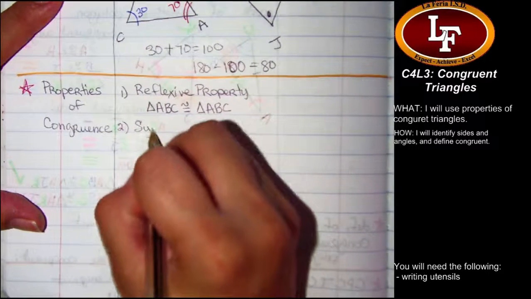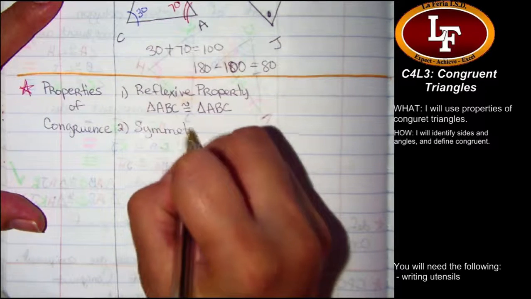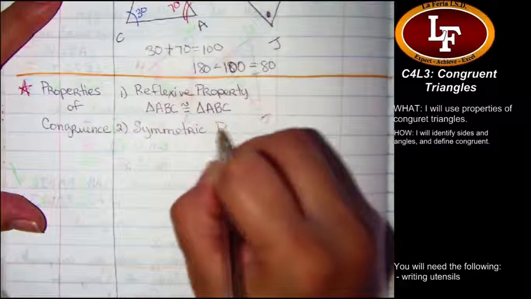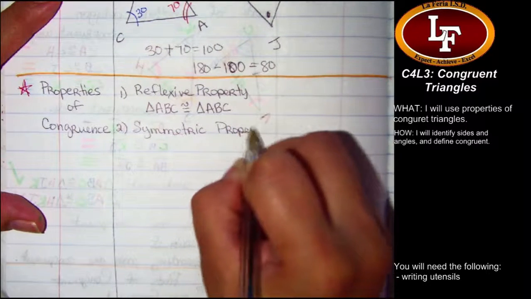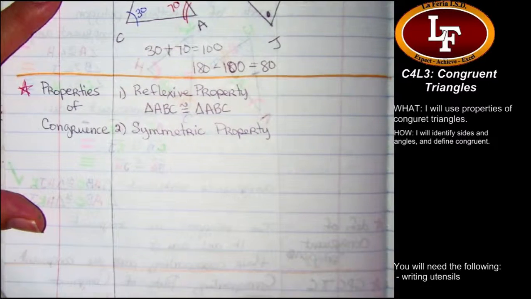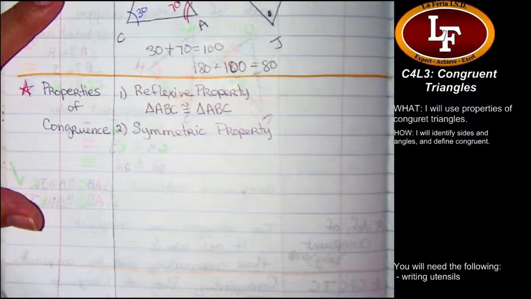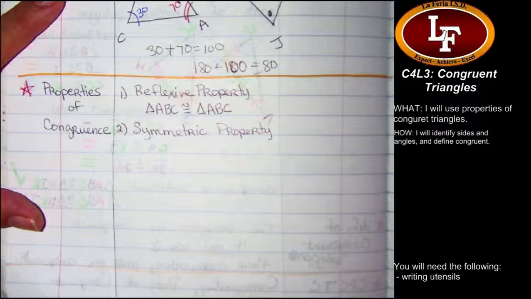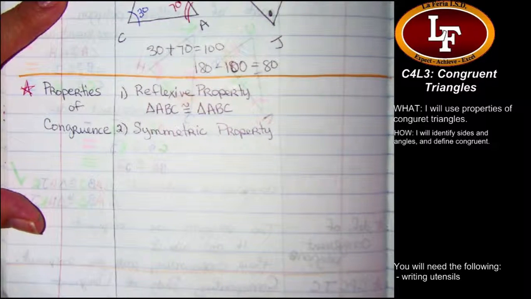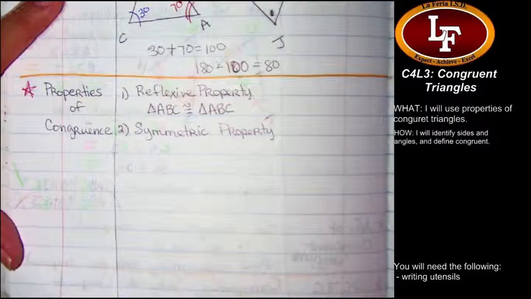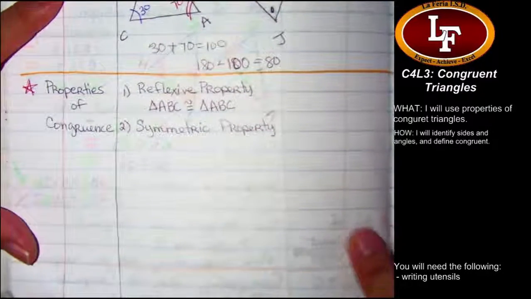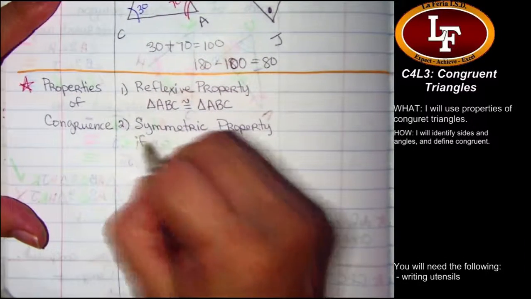The second one is the symmetric property, again of congruence. Please know that these properties of congruence will work for anything that's congruent, regardless of the shape or item you're talking about. But we are going to see them in an example of triangles. Symmetric property is an if-then statement.